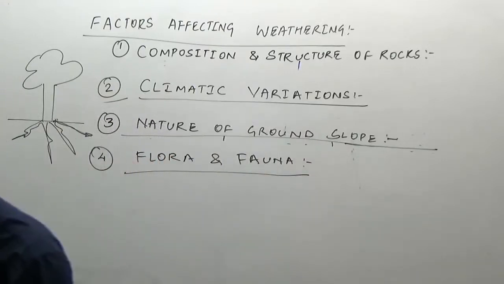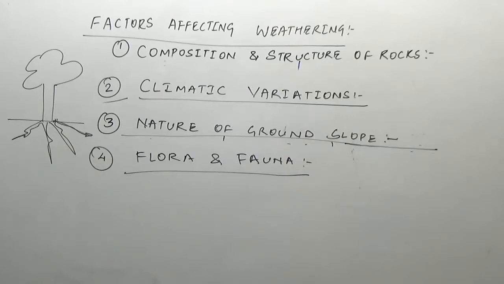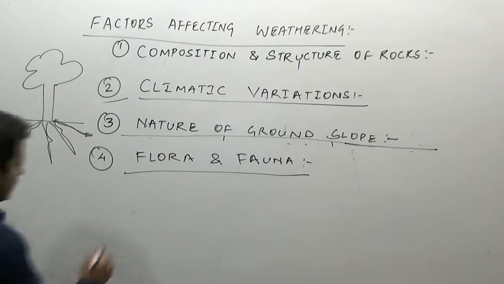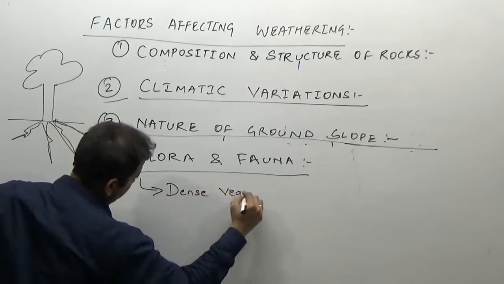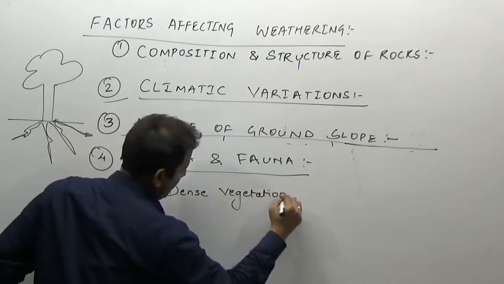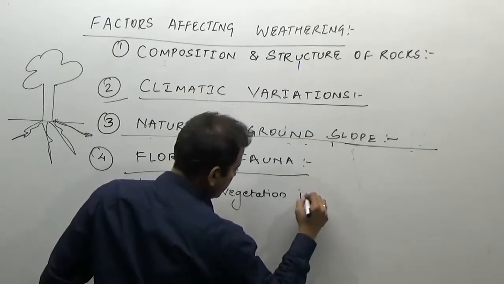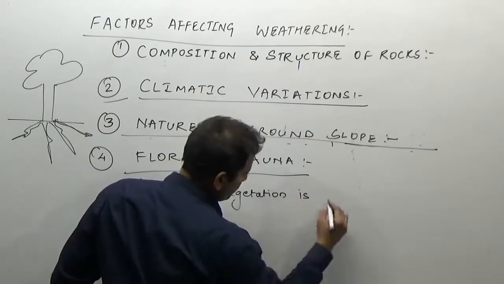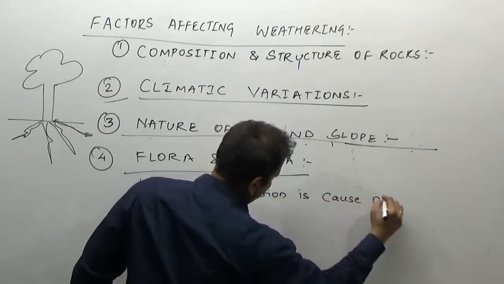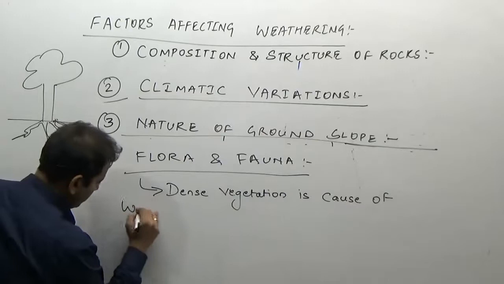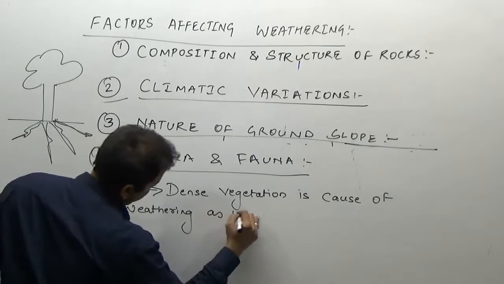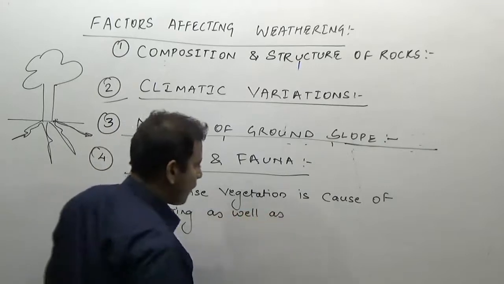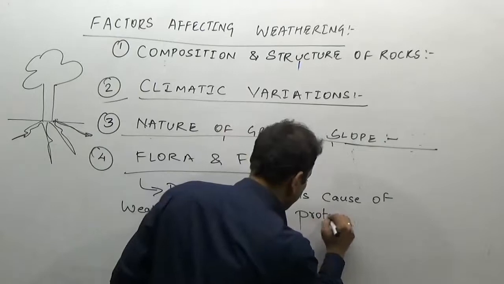So the four factors which affect the weathering: we can say the dense vegetation is a cause of weathering, as well as it protects against weathering.